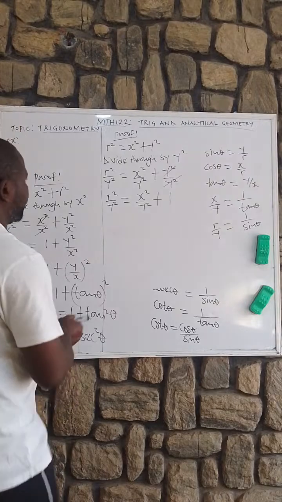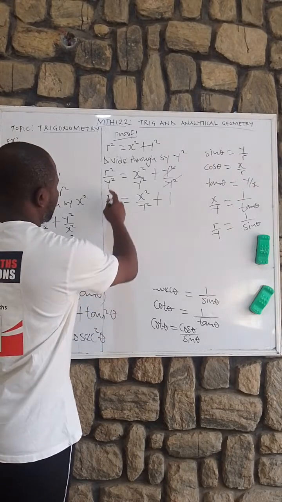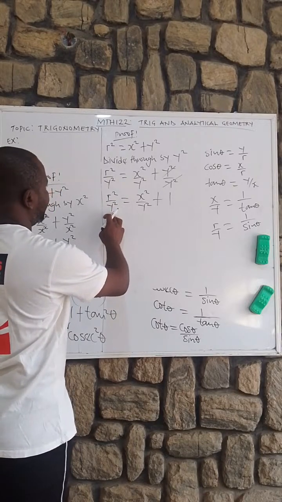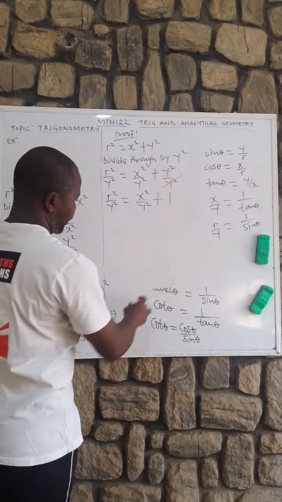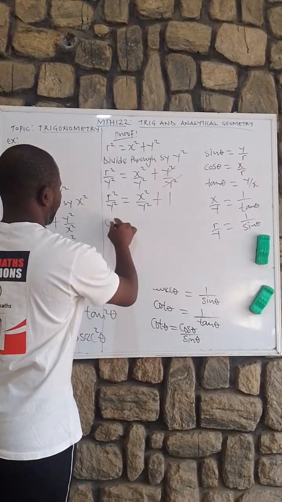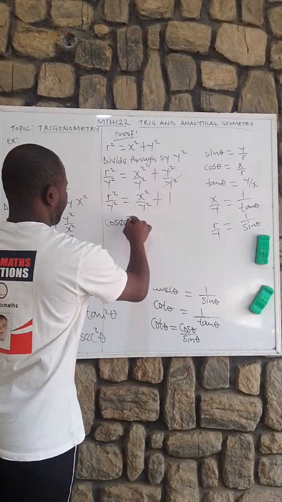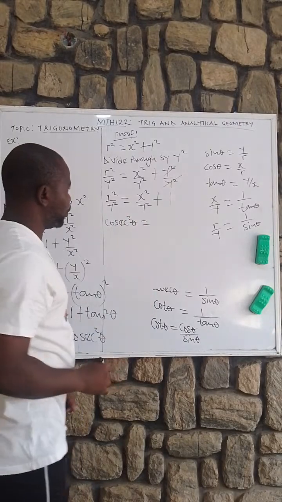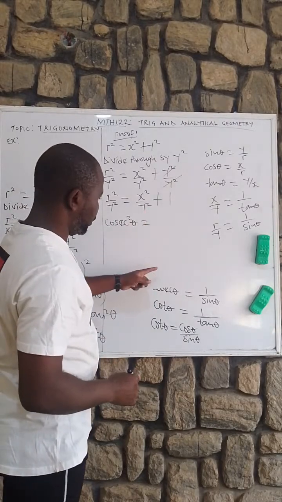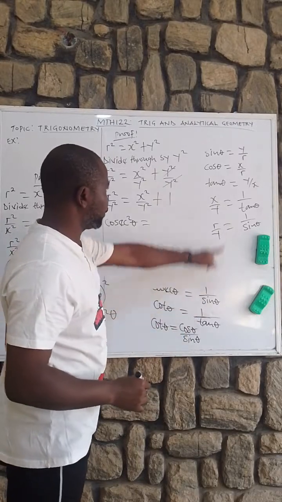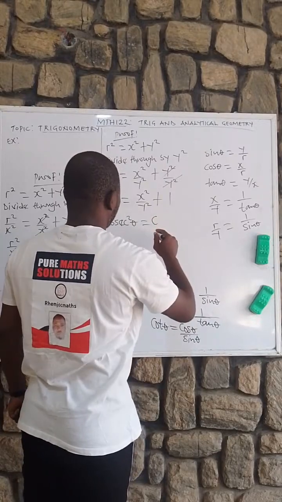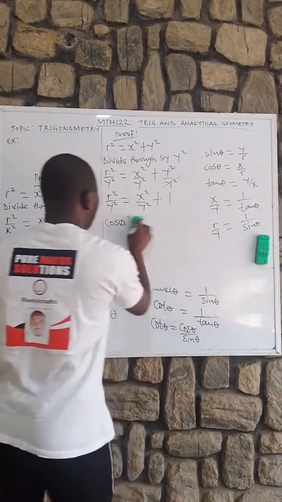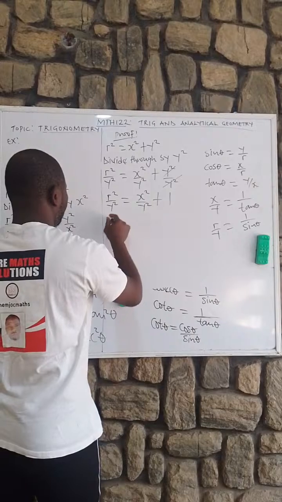So here, this is a sin inverse, and the sin inverse is cosec square theta equals to, this is tan inverse. Tan inverse is what? Cot theta. Okay? Let me also break this one down.